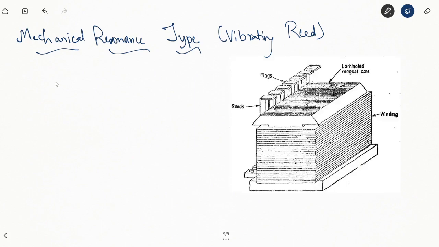So first of all, looking at the construction of a mechanical resonance type, also known as the vibrating reeds. The construction is such that we have these reeds. They are simply steel strips. A number of reeds are aligned to each other, assigned in a particular fashion, and placed in close proximity to this electromagnetic core.